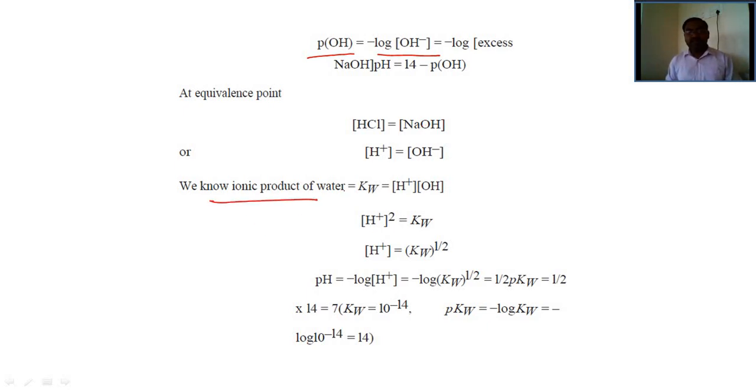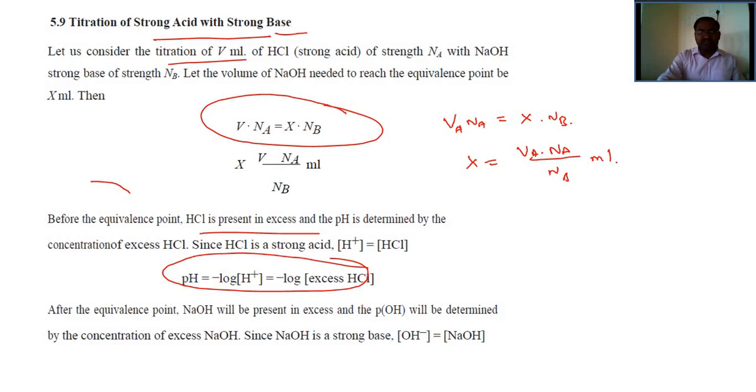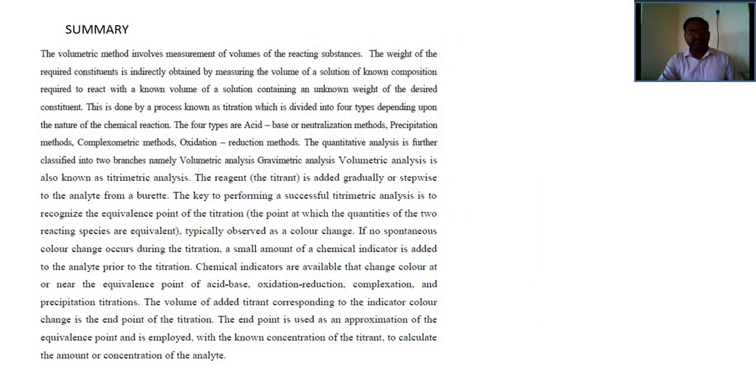The ionic product of water Kw is equal to H plus into OH minus. The product of H plus and OH minus is called Kw. Here H plus is equal to Kw power 1 by 2. This is the way to calculate the titration of strong acid with strong base.